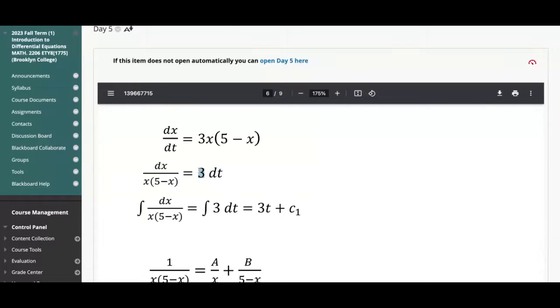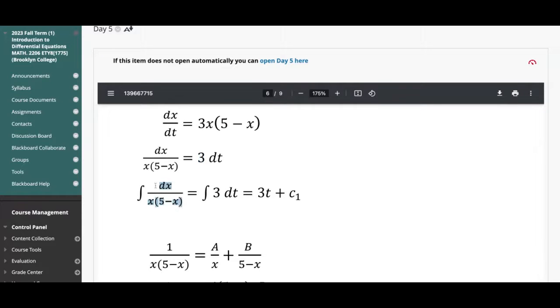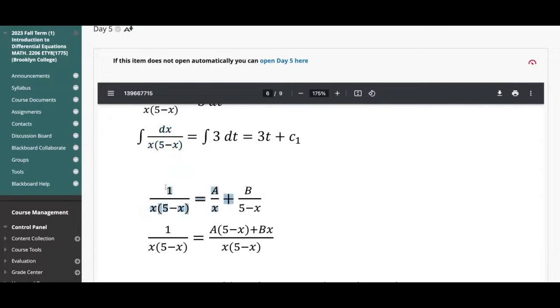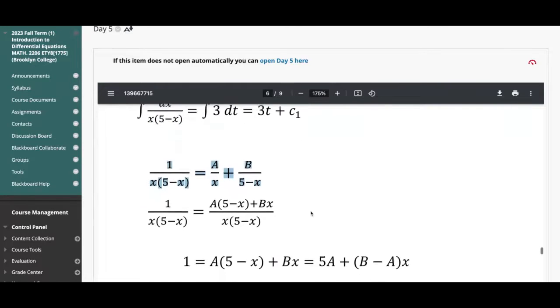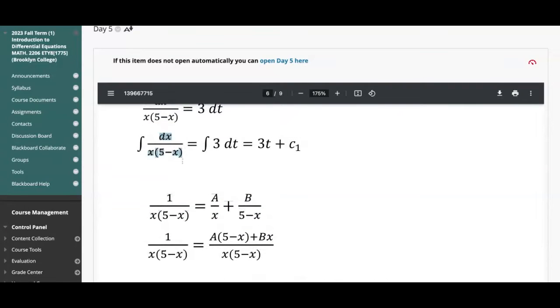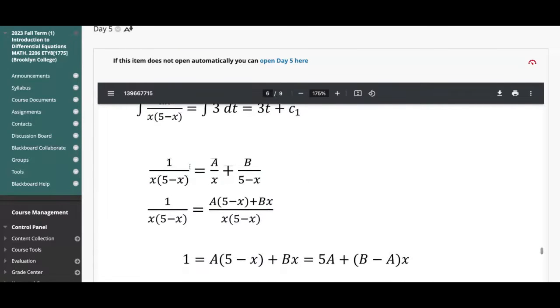If you're asking what's the problem, I leave this 3 on the other side. That's no problem at all. We integrate both sides simultaneously, and we get this one equals 3t plus a constant, right?